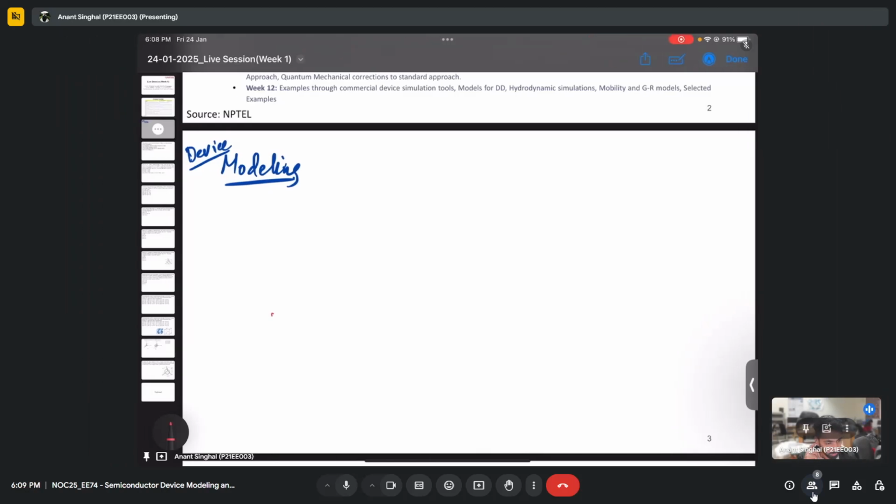It is the way we are placing the transistors or whatever components we are using to design the circuit. Okay, anyone else? It's more about device modeling. Before forming a circuit, we have to do device modeling, which will help us design the particular circuit.